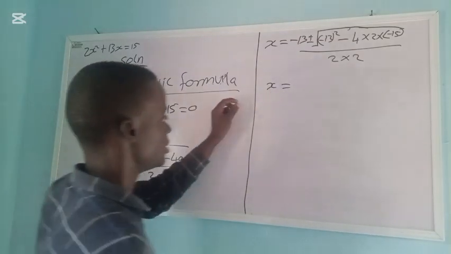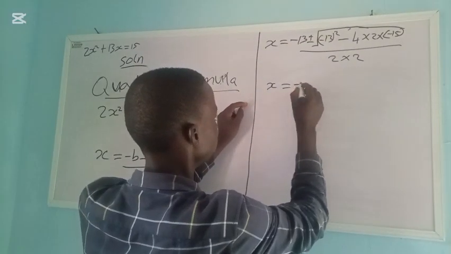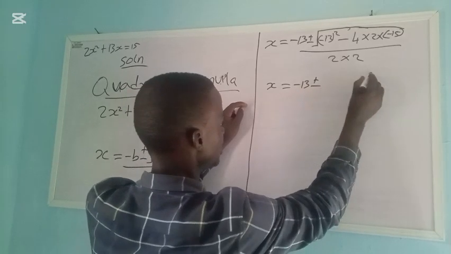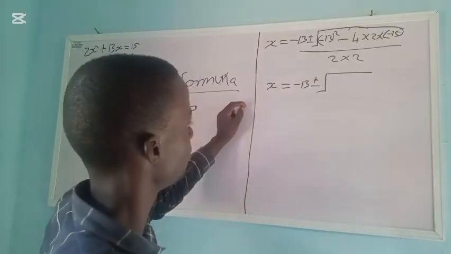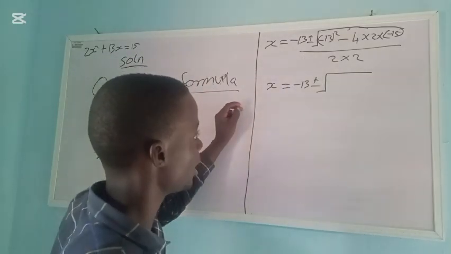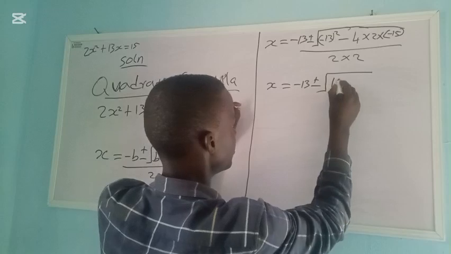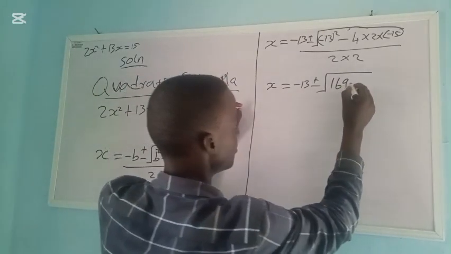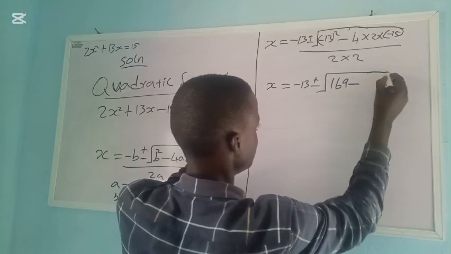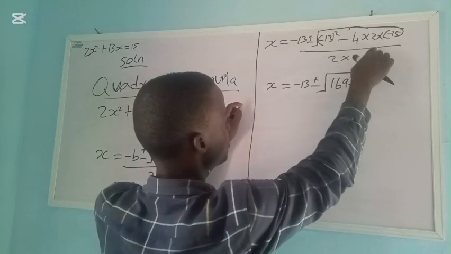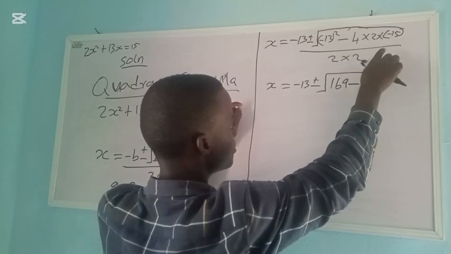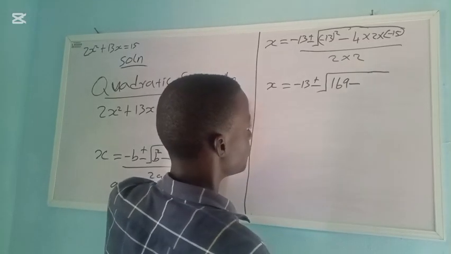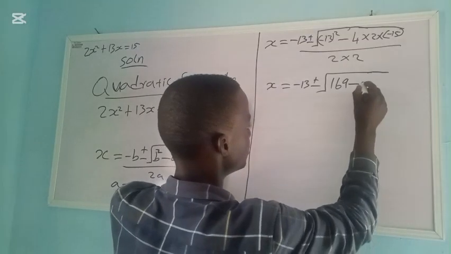x is equals to minus 13 plus or minus. Then let's bring this root. We have minus 13 square is 169. Then minus, we have 4 times 2, 8, 8 times minus 15.